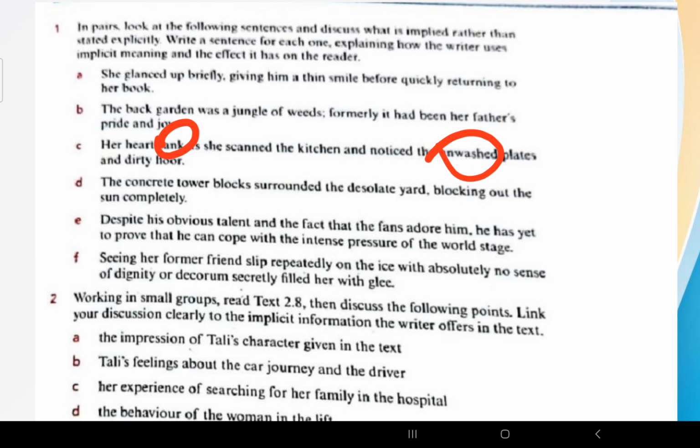She might be a working woman. She is back after her job, and when she has a look at her kitchen, it is in a dirty, bad state. So now she has to wash those plates, and from the words her heart sank, it tells us that she is not in a mood to do that.